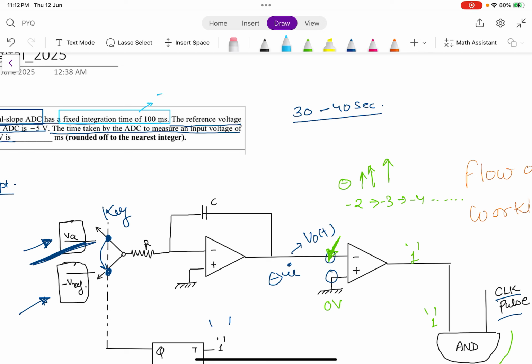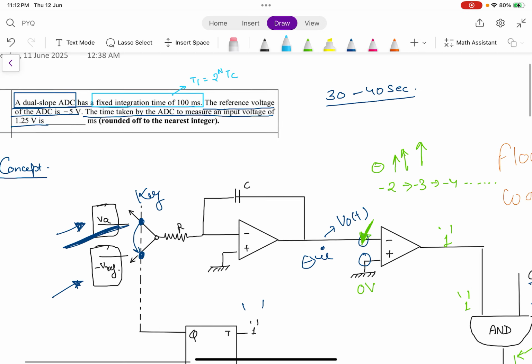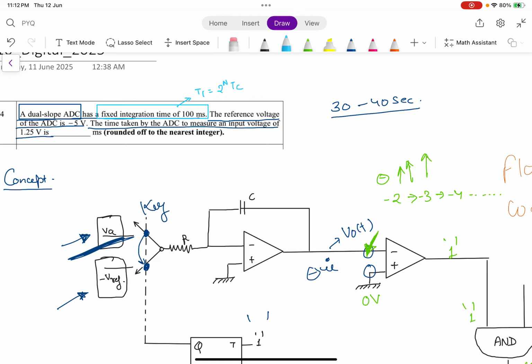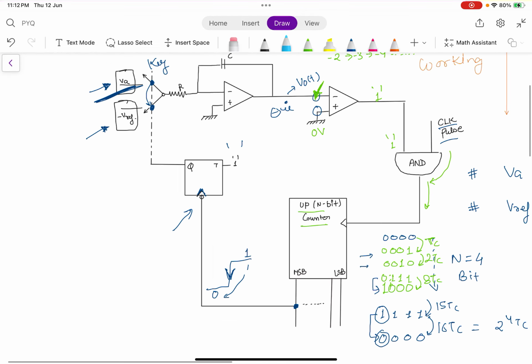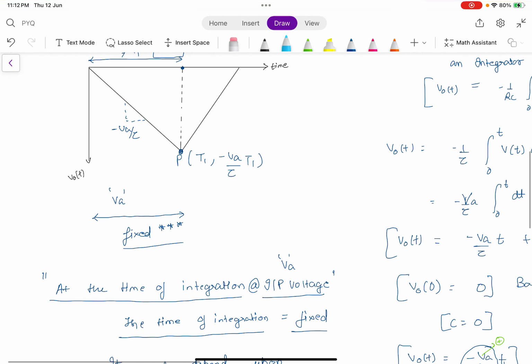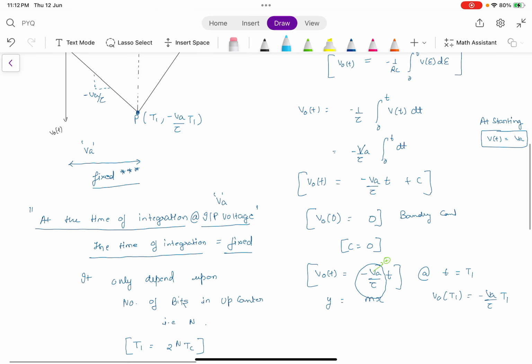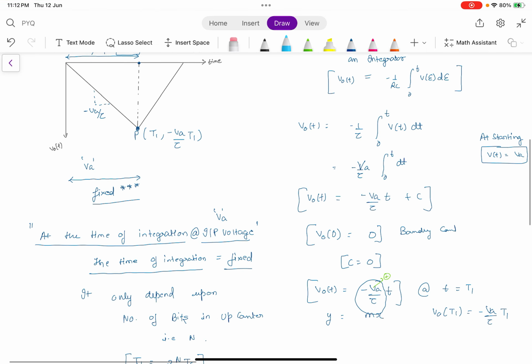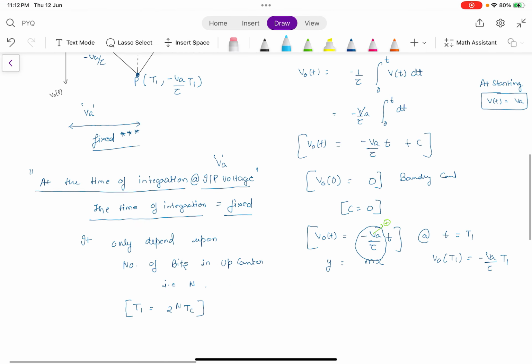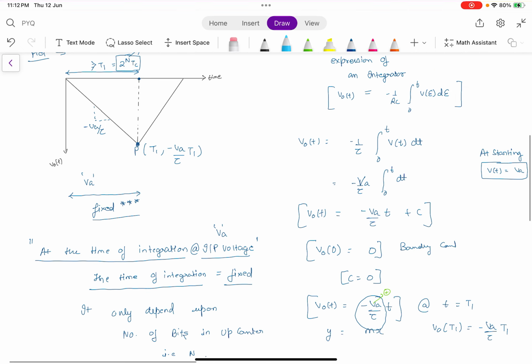This is nothing but your T1 time, which is 2 to the power n Tc. I'm not solving the question, but I am explaining what is written in the question, each and every step. Now coming back to the integrating part, we have analyzed the integrating part, and now we have to go further for the next part.